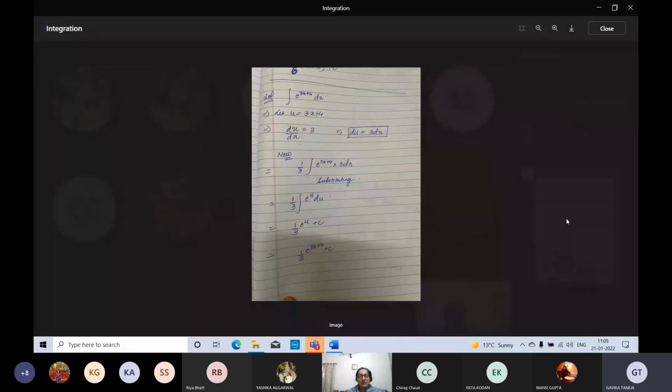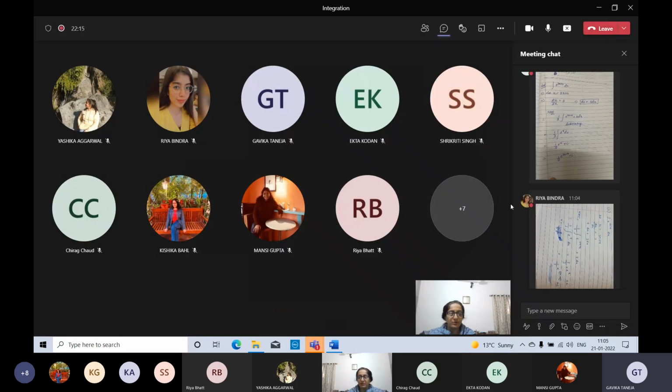So what she has done is she has put this 3x plus 4 equal to u, right? du and this 3dx. So we need 3, half of 3 into 3, right? So 3dx becomes du, right? e to the power u and 1 upon 3, right? Correct. So she's done it correctly. Others, are you able to do it?